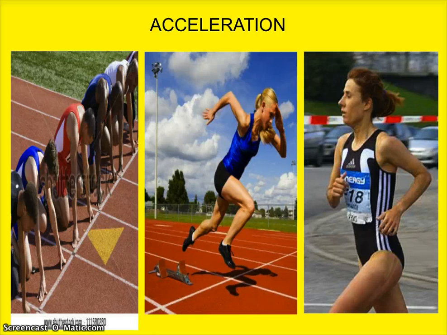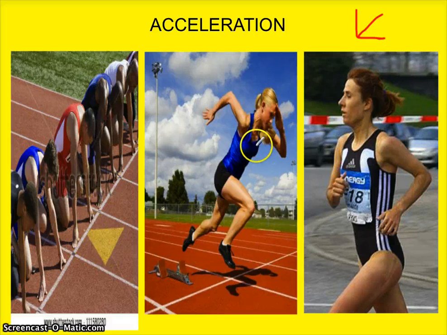If there's no change, there's no acceleration. So if we had one of those graphs that had constant speed, there was no change. So that is no acceleration right there. You have to have a change in speed. Now that change in speed can be faster or slower. Here you have people who are on the starting line.